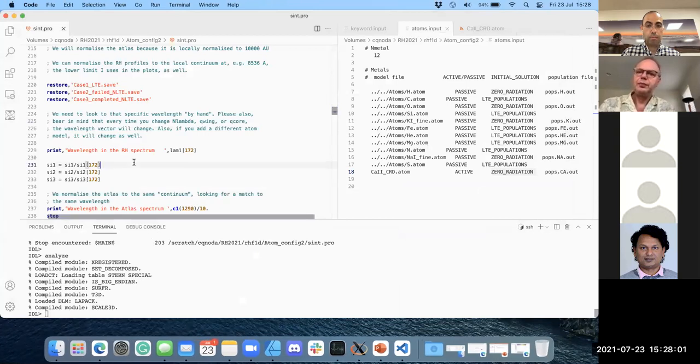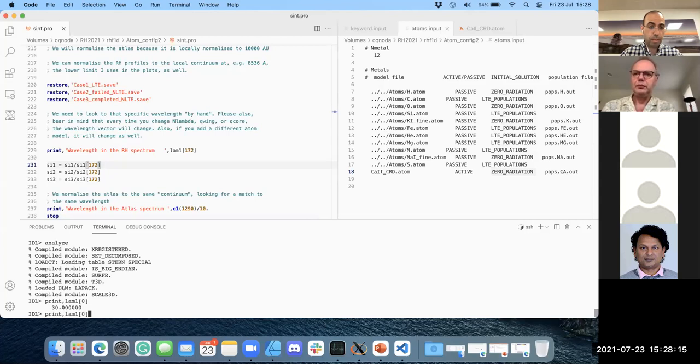And the idea is that if you want to look for this value, you basically have to do it by hand. So here I just print. For example, if you print lam1, that is the wavelength vector from RH, you put 0, this is in nanometers. And then if you go to like 140, you start to see that we are close to calcium.